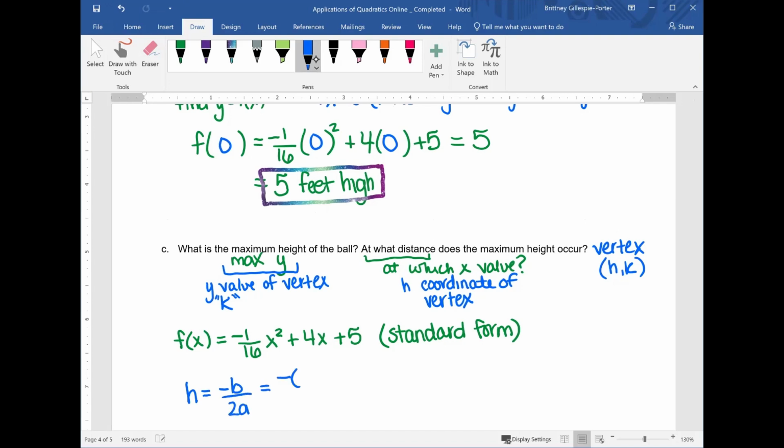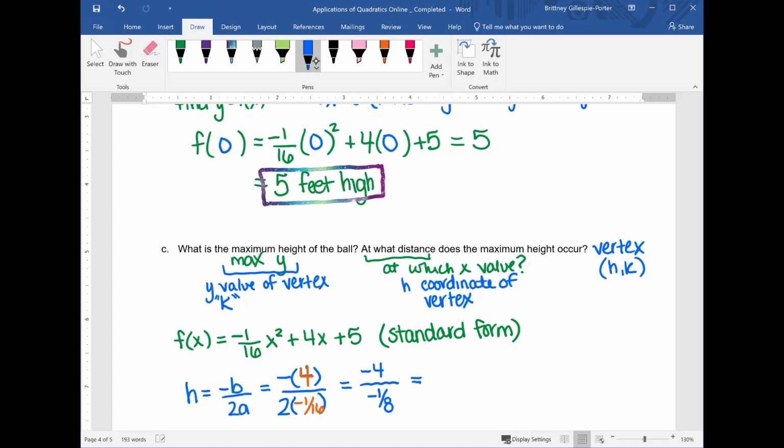In this case, the b is going to be 4, because that's in front of the x to the first, all over 2 times a, which is negative 1 all over 16. The opposite of 4 is negative 4. And in the bottom, we get negative 1 all over 8 when you take 2 times negative 1 over 16.